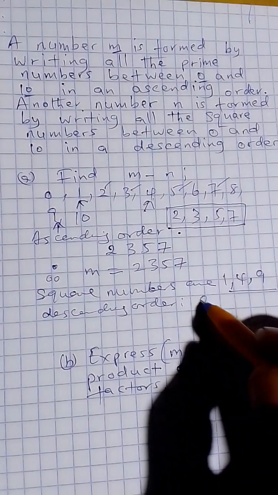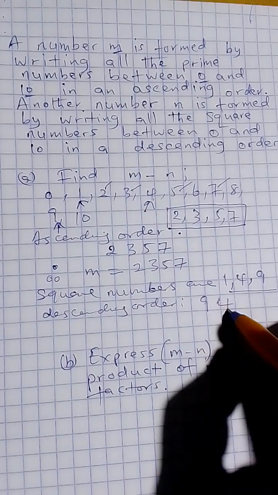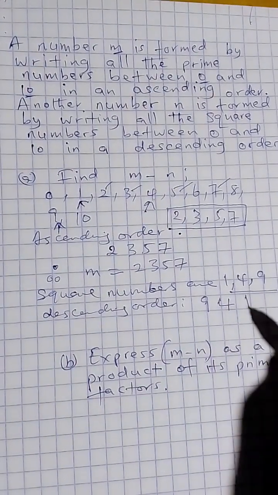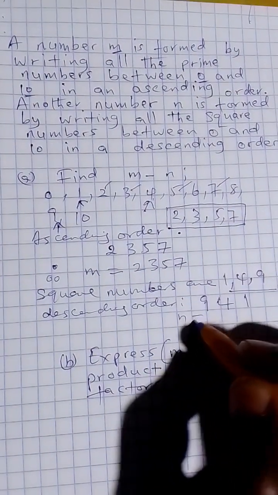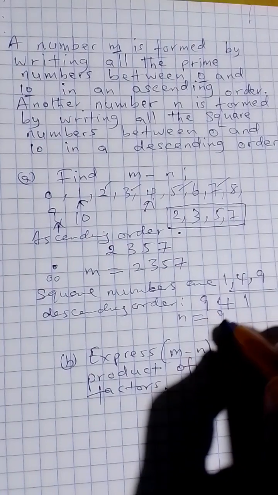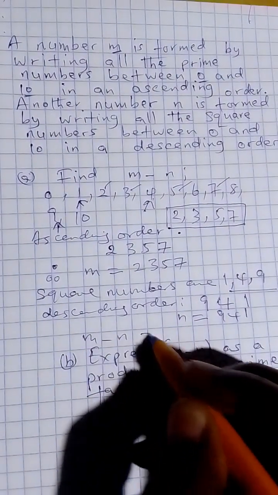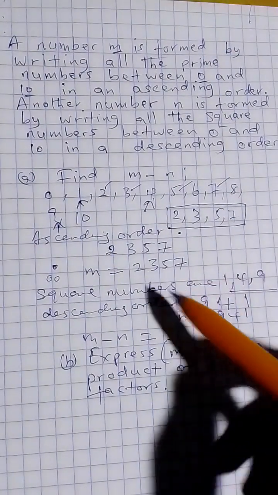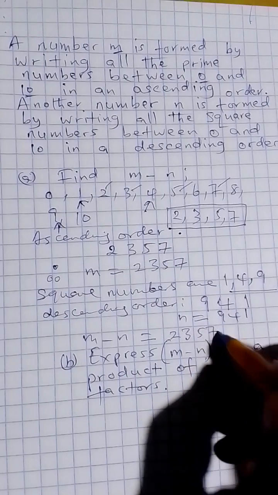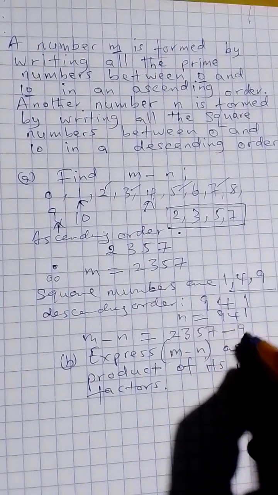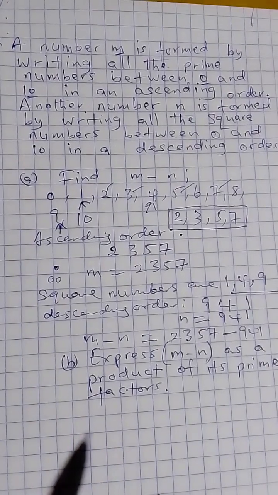So the highest is 9, then the following one is 4, then 1. So our n is equal to 941. m minus n will be 2357 minus 941.